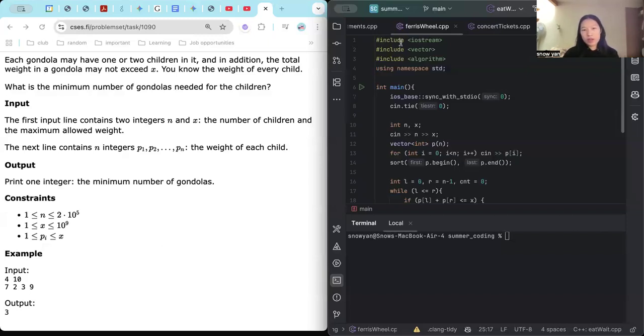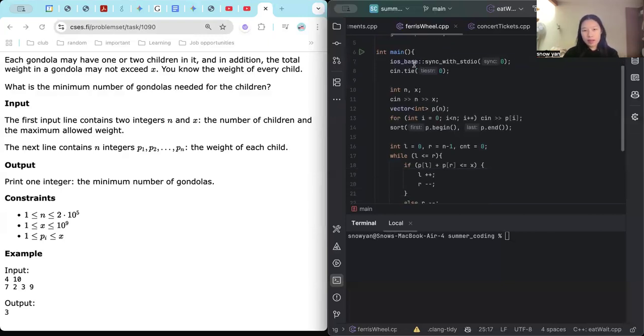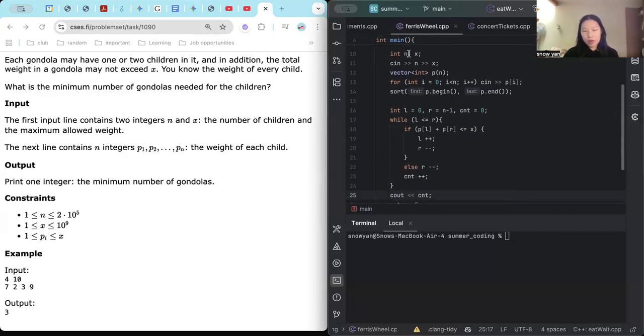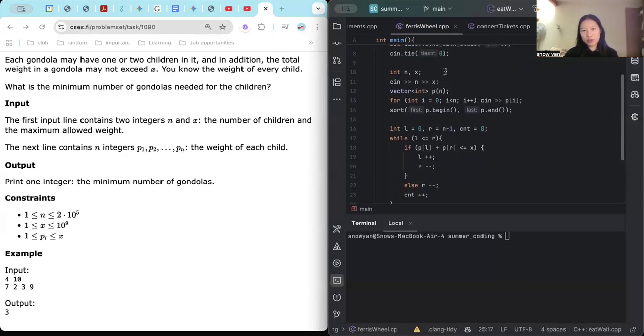So what I do here in the code, let's step over it, is I include the things I'm going to use, vector, and I might sort it, so I need algorithm. So then I make the input faster with ios base sync with stdio, and cin tie, to make cin and cout faster. And as the problem stated, I take the input n and x, and I create a vector p, which I use to store.